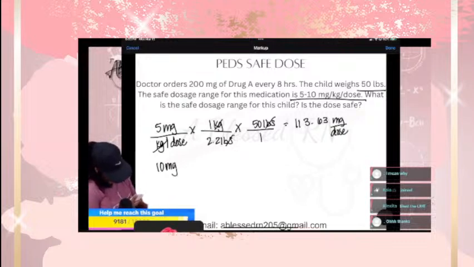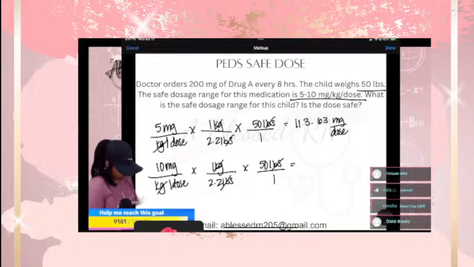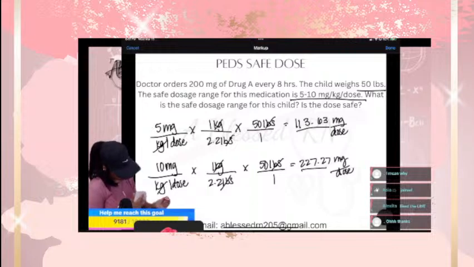So 10 milligrams per kg per dose. 1 kilogram is 2.2 pounds. 50 pounds is our patient's weight. Now we can go to our calculator and calculate 10 times 50 divided by 2.2. And that's going to be 227.27 milligrams per dose. All right, so that's our safety net. This number and this number.